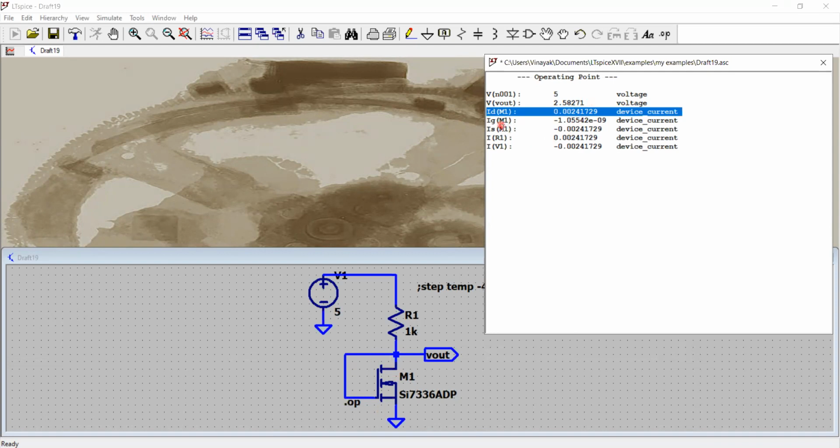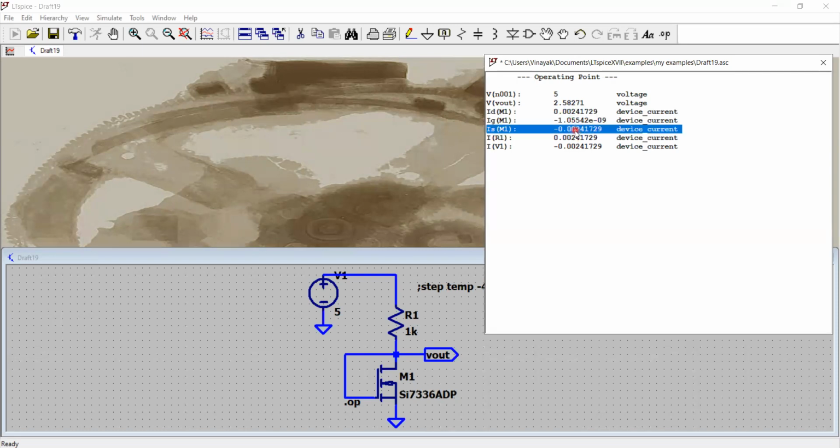You see that, but it shows me the gate current here. So in an ideal MOSFET, you will have Ig equal to 0. But look at this value. The gate current is about 1 nanoampere, pretty small as compared to 2.4 milliampere of drain current, but still it is there.